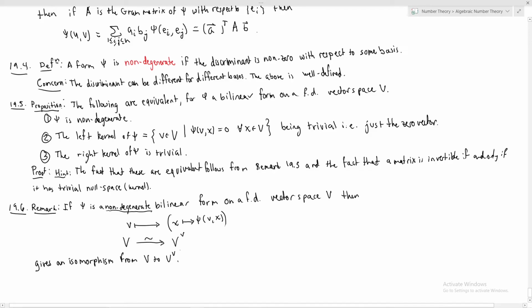But okay, that's beside the point. How do I know this gives an isomorphism? Well, I know they have the same dimension, so it suffices to check its injectivity.